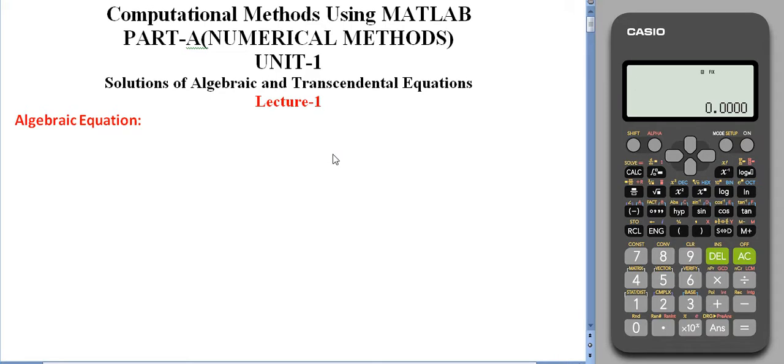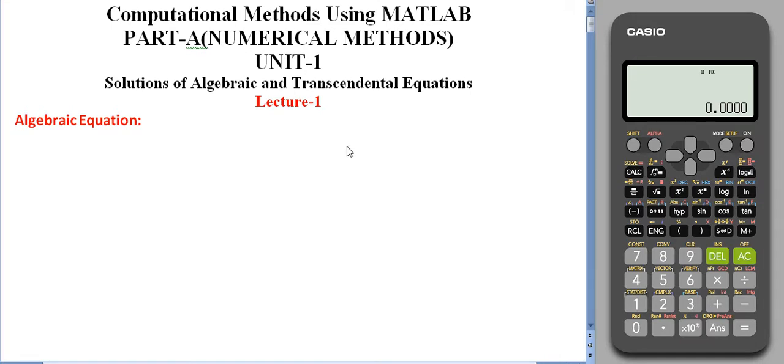In unit number 3, we will discuss numerical differentiation, numerical integration, then numerical solutions of first order ordinary differential equations.